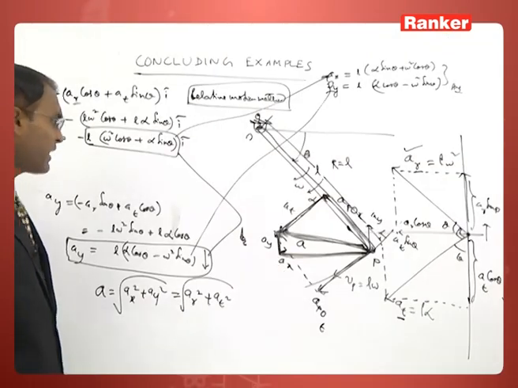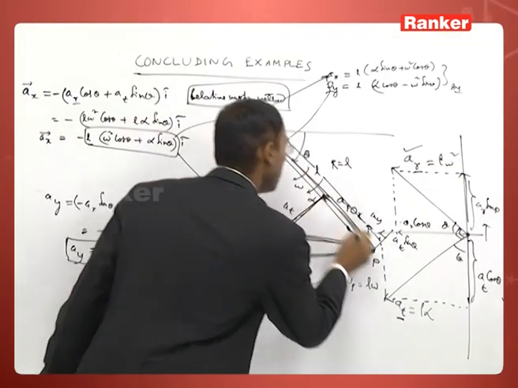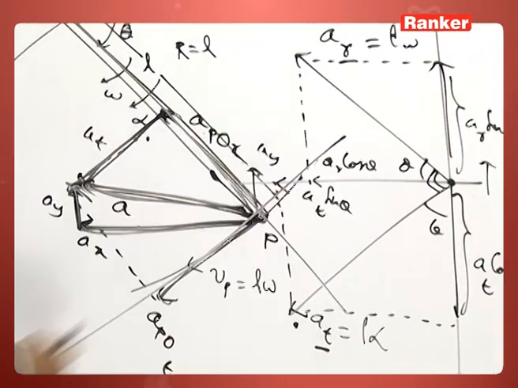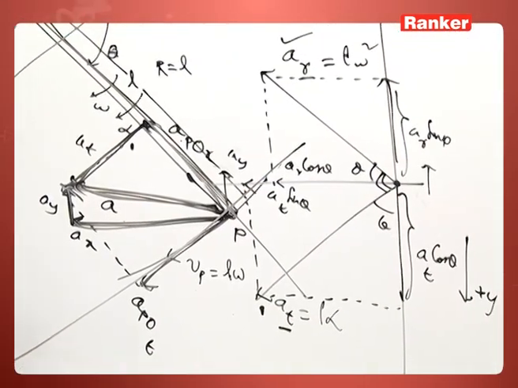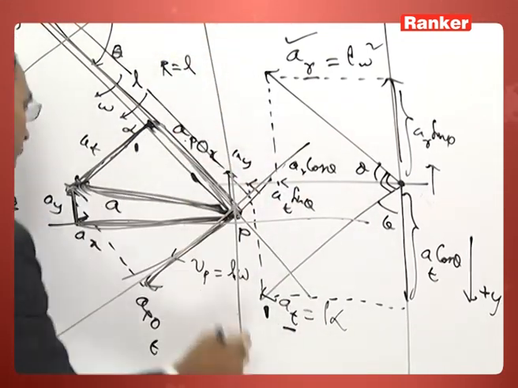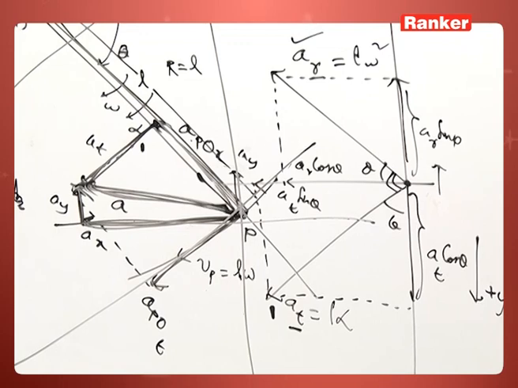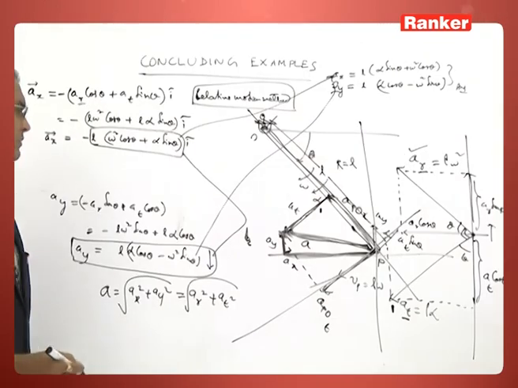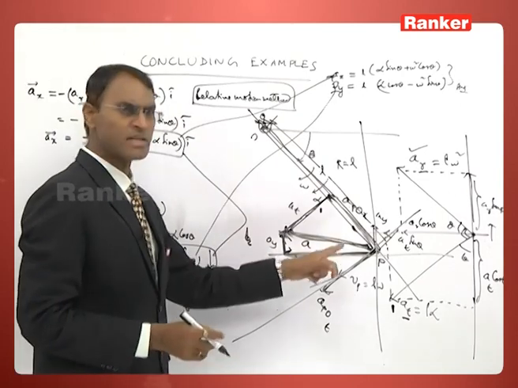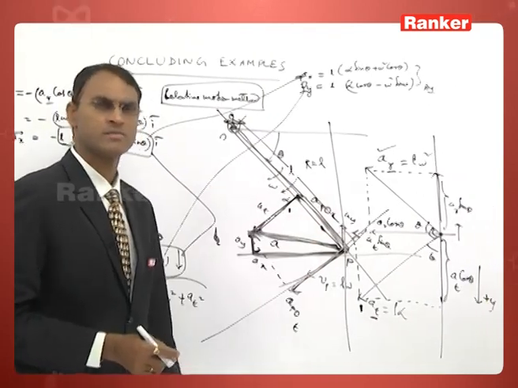In relative motion method, we used radial component and tangential component, or radial axis and tangential axis as the coordinate axis. In ground frame method, we used x axis and y axis as the coordinate axis. Ultimately, we are getting same answer. We can transform one set of axis to the other set of axis.